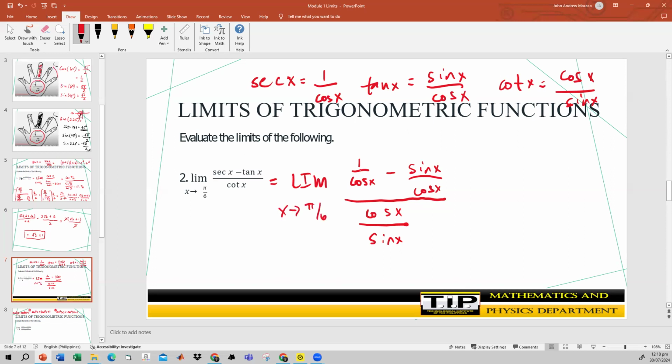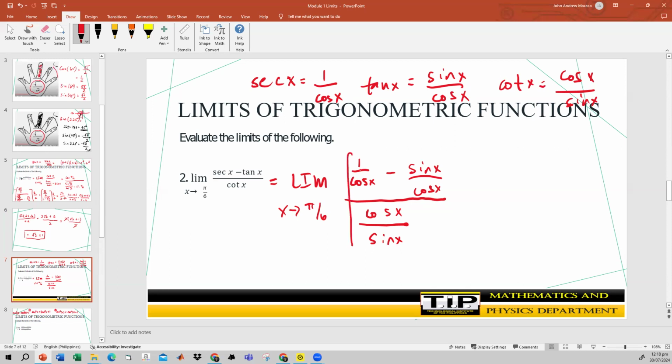Okay. So actually, one thing that you can consider here is you can substitute directly the pi over 6. But let's try another approach on how we'll be able to solve this. So what you can do here to simply solve this is you can actually simplify the equation first that we have.